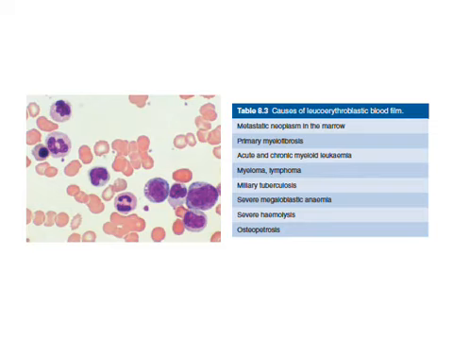Shown here is a leukoerythroblastic blood film, with a shift to the left and the presence of nucleated RBCs. Most cases of leukoerythroblastic blood films are infiltrative diseases of the bone marrow, although this may also be seen in severe hemolysis and severe megaloblastic anemia.